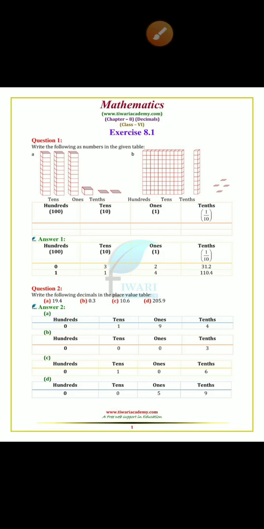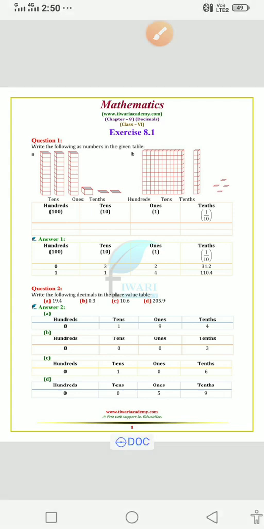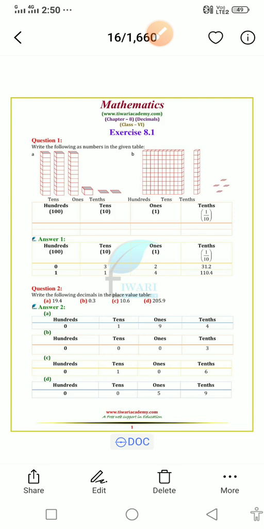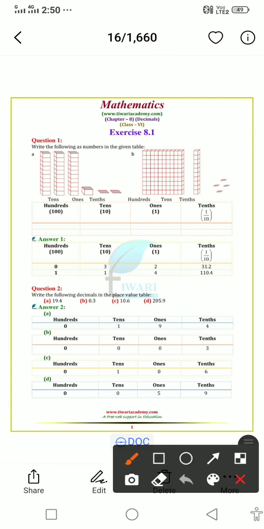Okay. In the tens place there is only 3, and in the ones place there is only 1. So 31.2. So here a little mistake is there, and the answer given is correct.